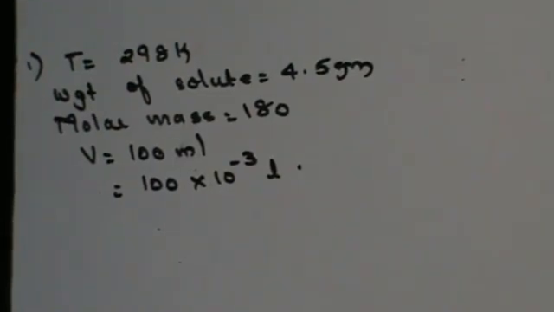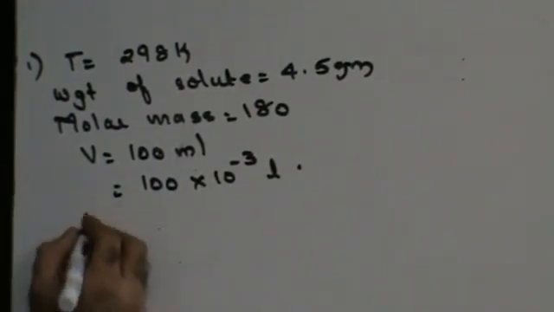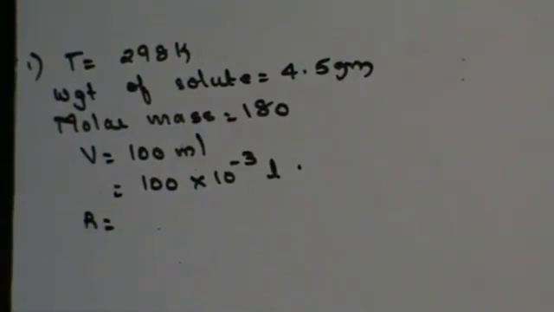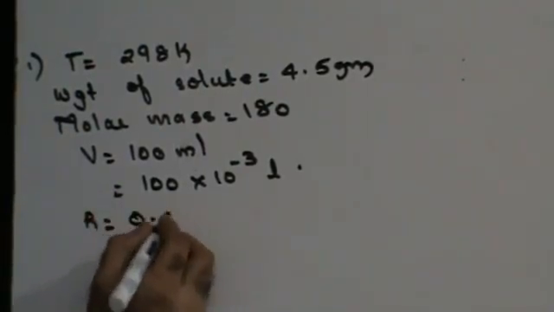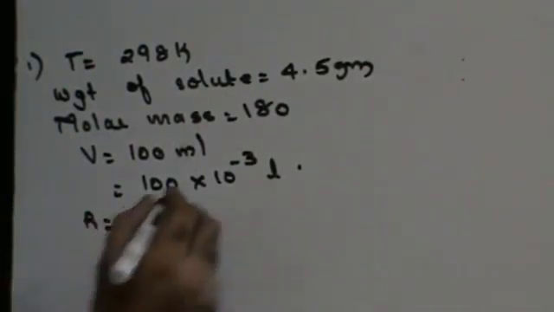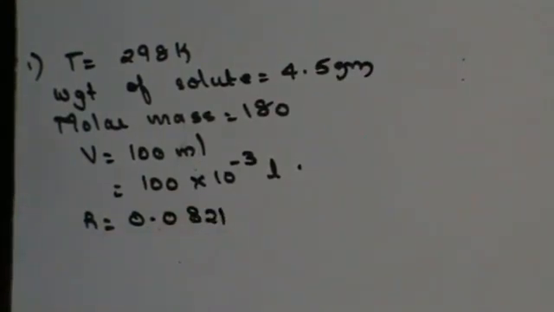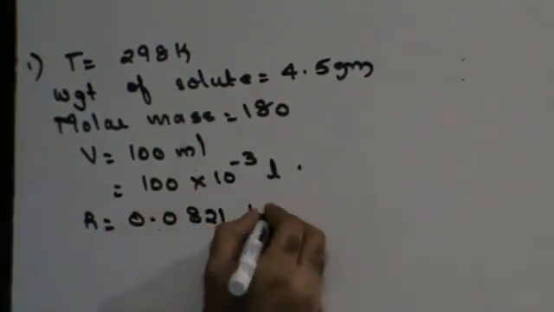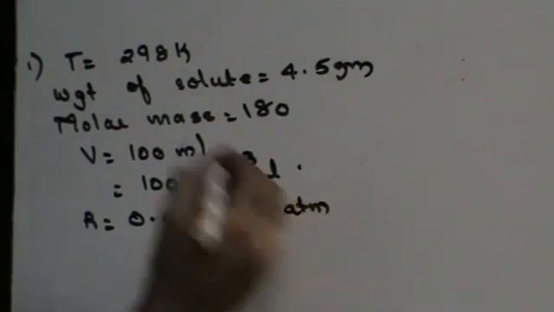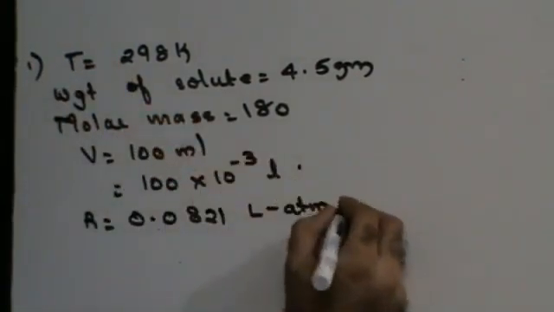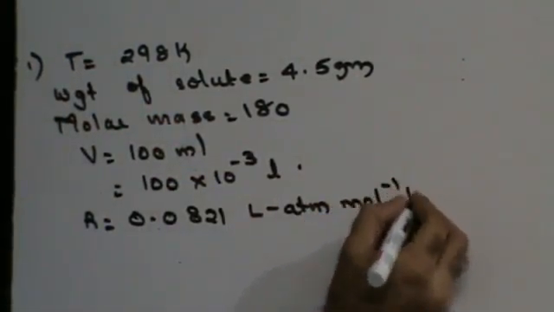Find the osmotic pressure if R is 0.0821 liter atmosphere per mole per Kelvin.